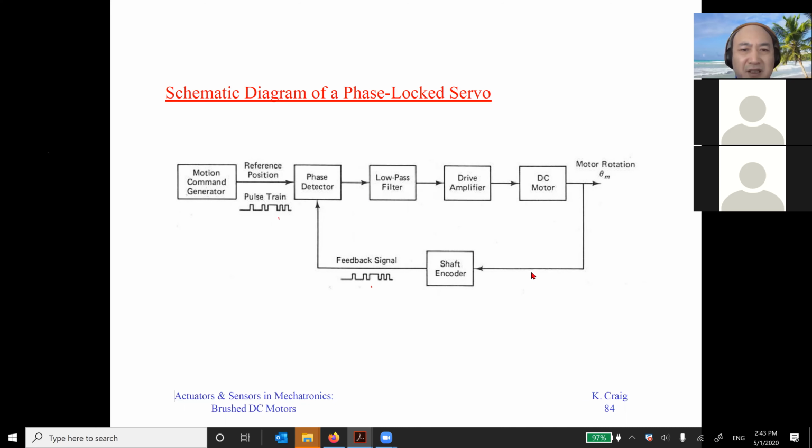If there is a phase difference, I'll generate some signal. The low pass filter only keeps the low frequency, and we are not going to care about the high frequency carrier signal. Then you drive the motor with amplification and get motor rotation. So that's a position servo.